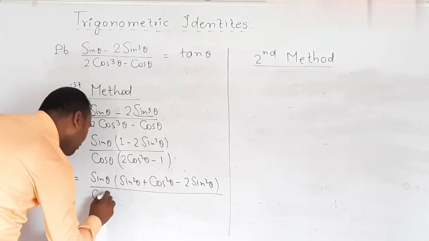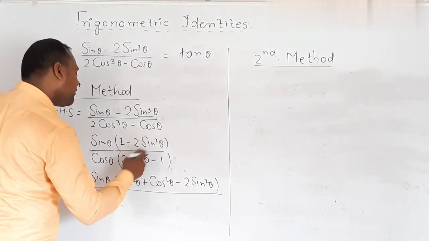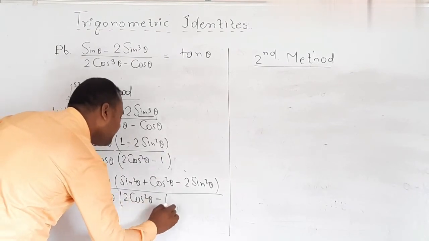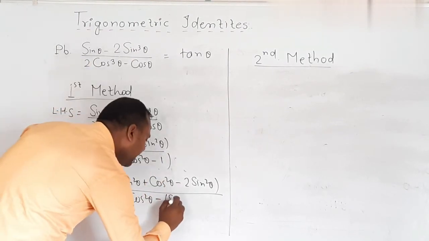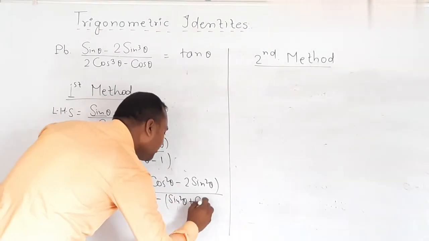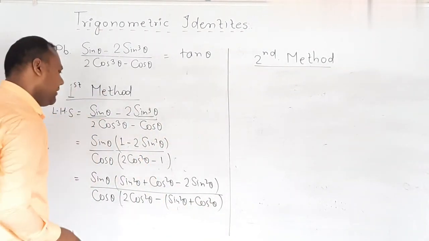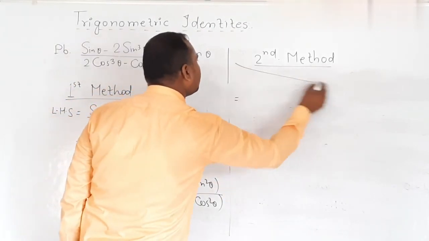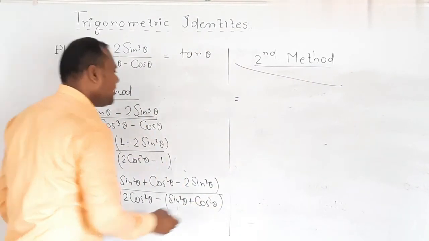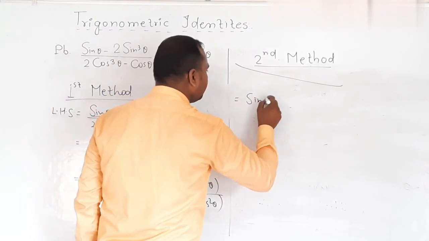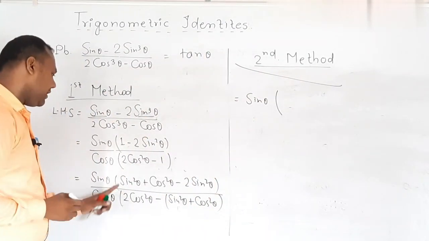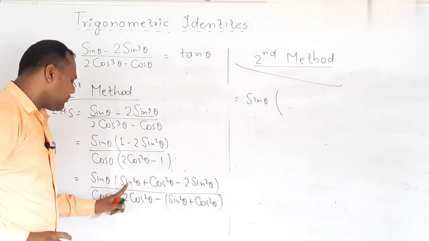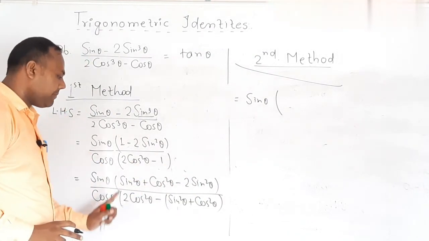Also cos θ into (2 cos²θ minus 1). That means 2 cos²θ minus 1, where 1 means sin²θ plus cos²θ. And after that sin θ into sin²θ, and sin²θ minus 2 sin²θ means minus sin²θ.